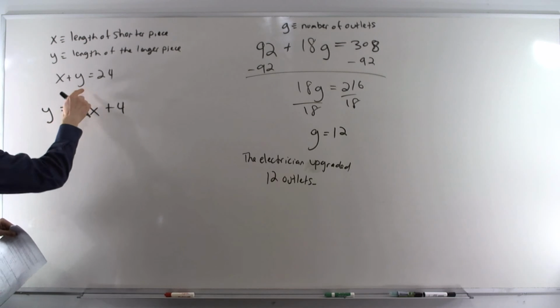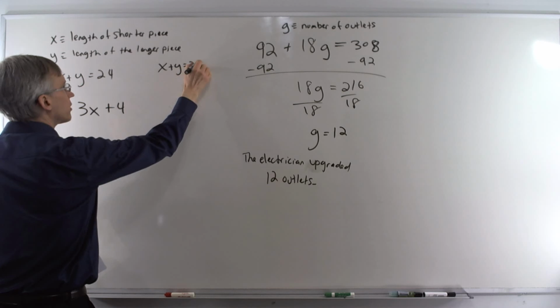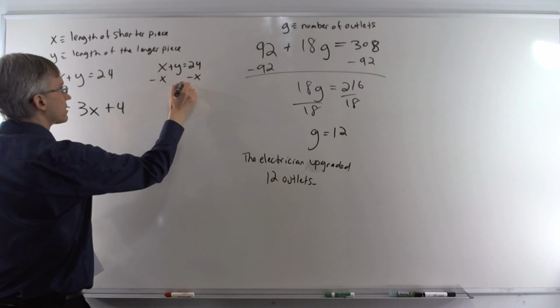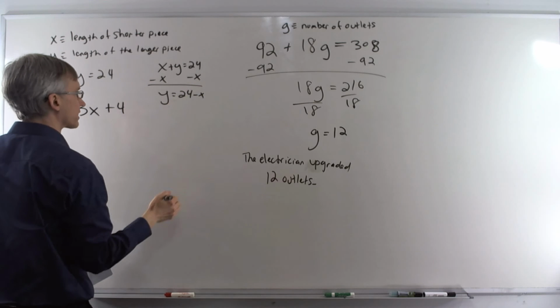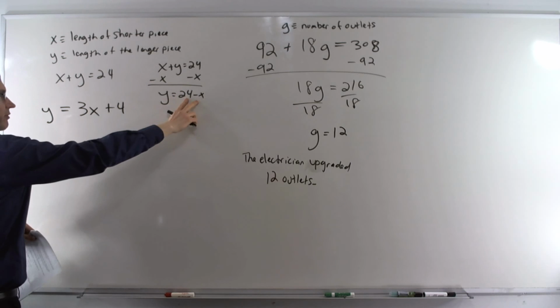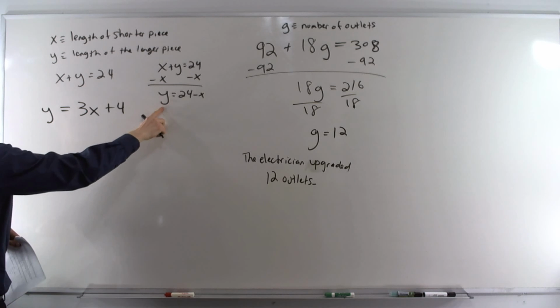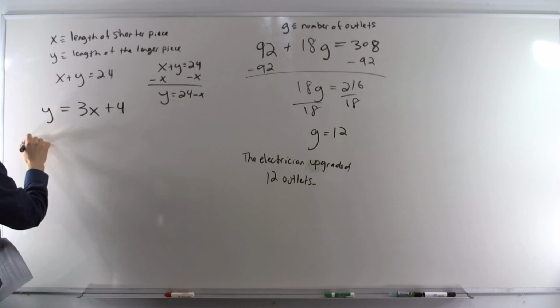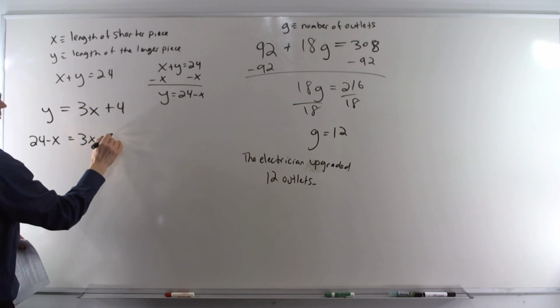So I'm going to solve this equation for y. x plus y equals 24. Subtract the x from both sides. We get y equals 24 minus x. So now we can take this 24 minus x and replace the y. Since these two are equal to each other, they are interchangeable. So 24 minus x equals 3x plus 4.